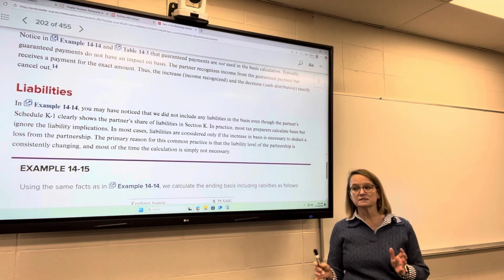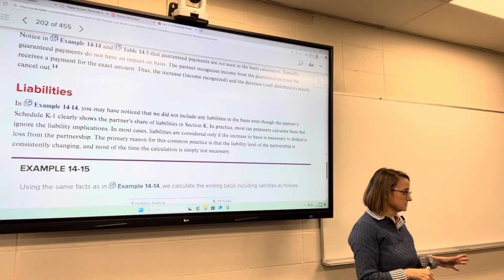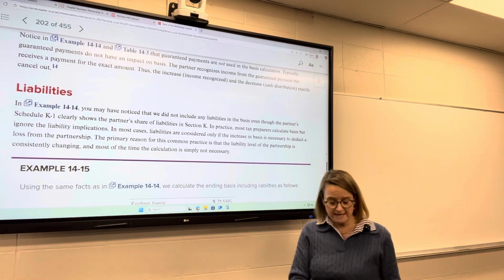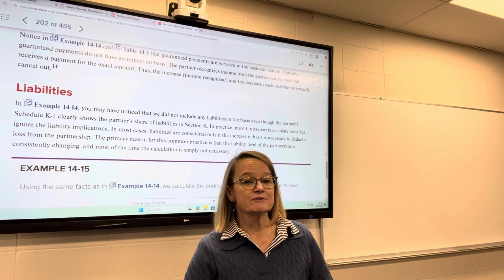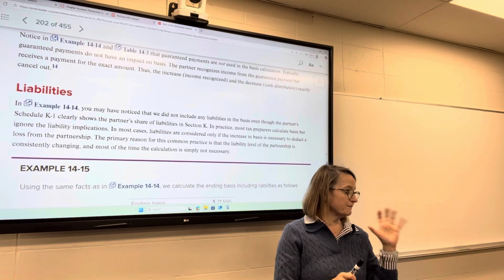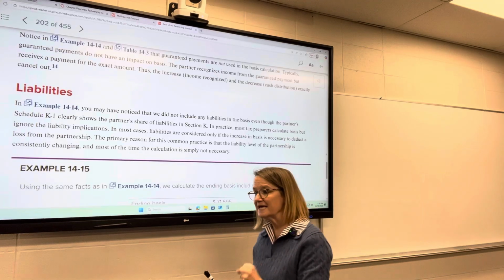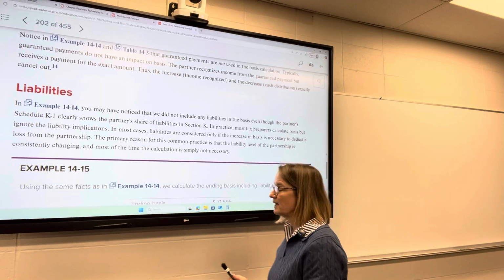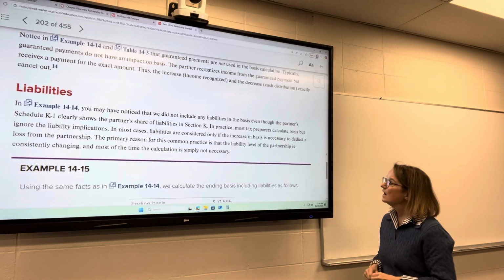We cannot deduct a loss if there is no basis. So the last thing we would do, if we're down to zero basis, is see if that partner has any liability that they're responsible for, and then we would take the basis out of that to apply it so that they can take the loss.